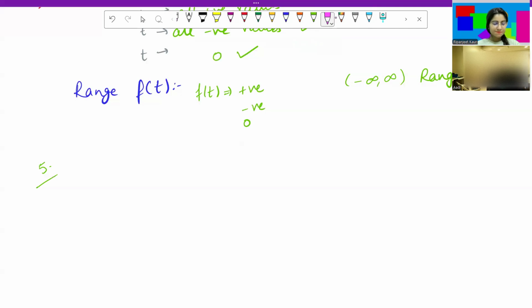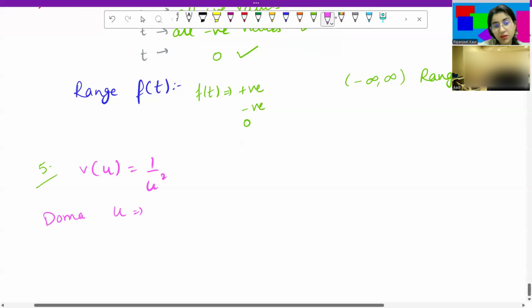V of u equals 1 over u squared. This can be done shortly. We want to check u, which will give us the domain. What are the values of u we can plug in here? Any value except 0.